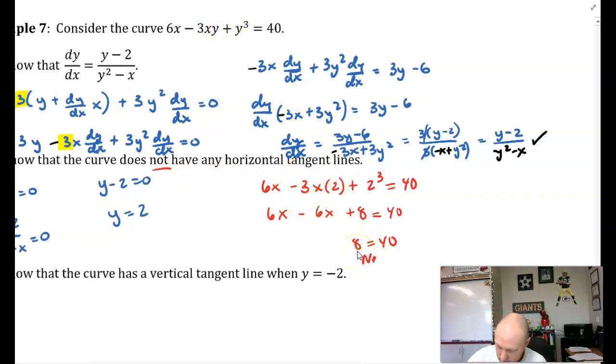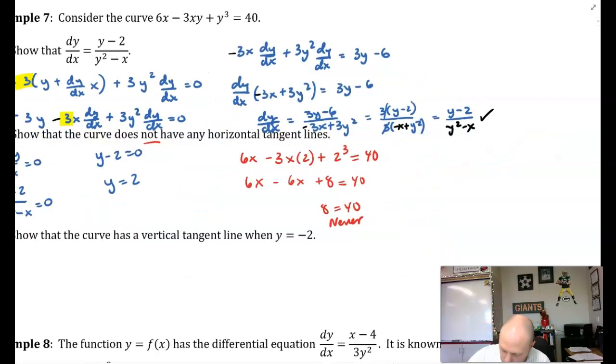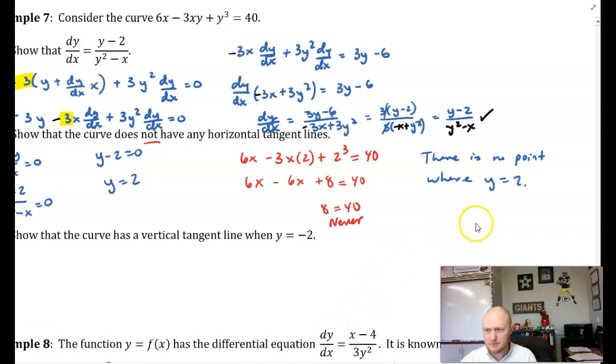Well, this never happens. So therefore, we do not have any horizontal tangent lines. Okay, so we'll write this conclusion. There is no point where y is equal to 2, so there is no horizontal tangent line.